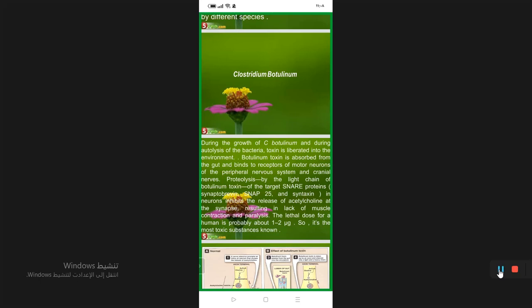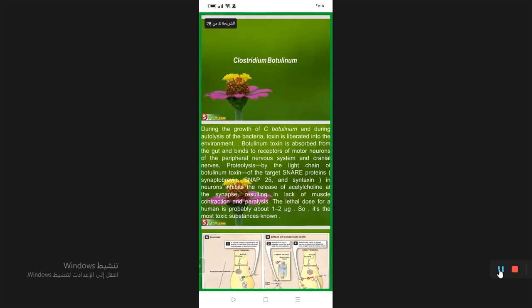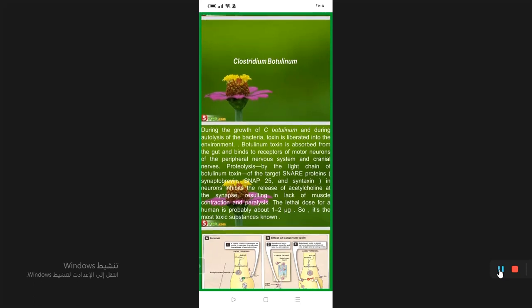Proteolysis by the light chain of botulinum toxin, light chain, this means the active unit, not the binding unit, of the target SNARE proteins, which include synaptobrevin, SNAP-25 and syntaxin in the neuron, inhibits the release of acetylcholine at the synapse, resulting in lack of muscle contraction and paralysis.